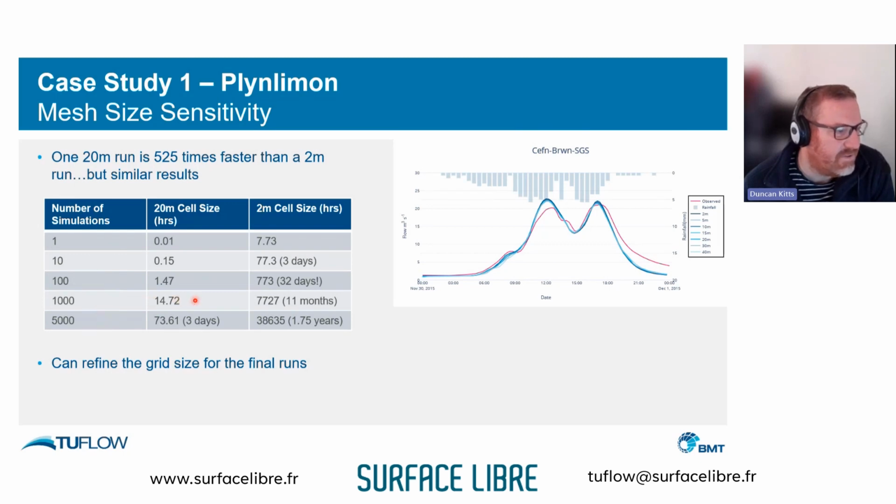If you're doing 1,000 runs at the 20-meter cell size, you can do that in 15 hours, whereas with a 2-meter cell size, it's going to take you the best part of a year. So it's a really useful bit of functionality that allows you to get through those calibration runs quickly with consistent results. And like I said, you can always refine the grid size for the final runs, and you should get a pretty similar output.